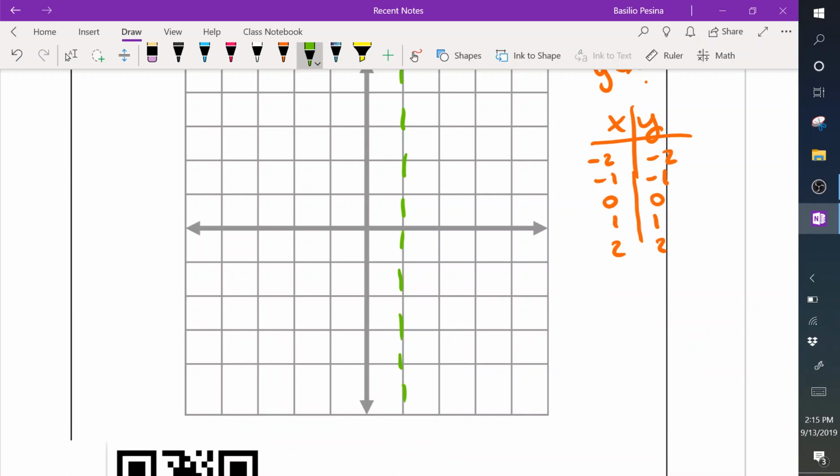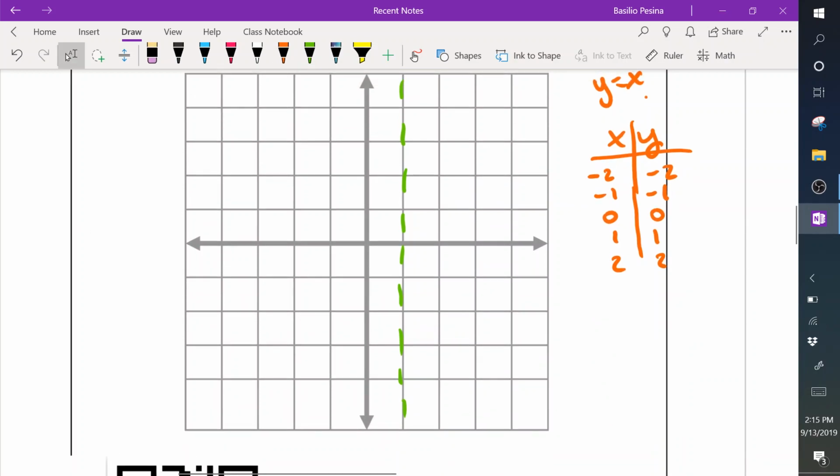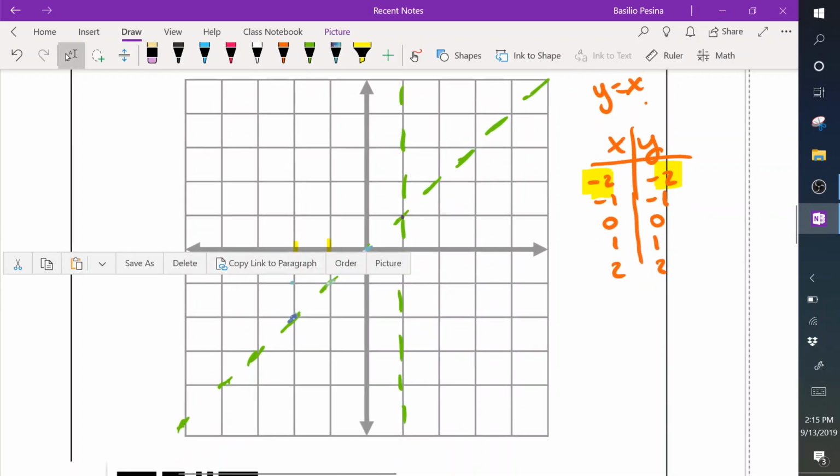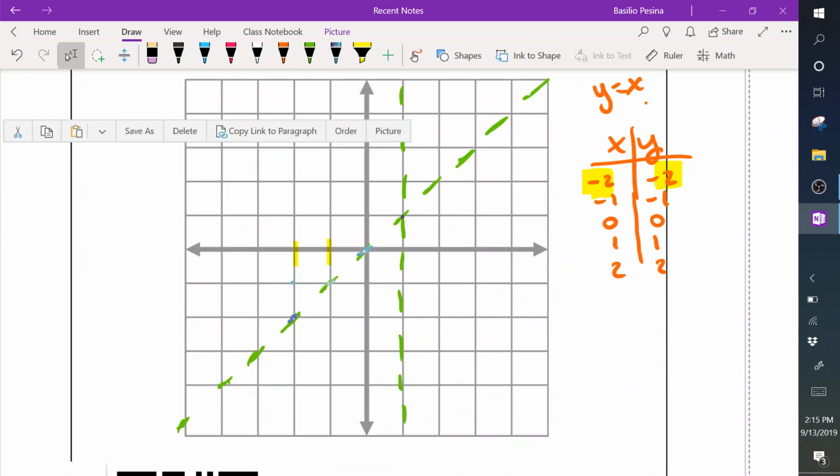This is a slanted asymptote, so I'm going to make it dotted as well, because that's telling me my graph will have to continue. And the way I know this graph looks like this is because if you pick a point, negative 2, that means this point right here, negative 2, negative 1, and then down to 1, 2. That's how I got this line. Or you can also see this is a linear function, the parent function, and we could also know how it looks. Okay, so we're almost done.